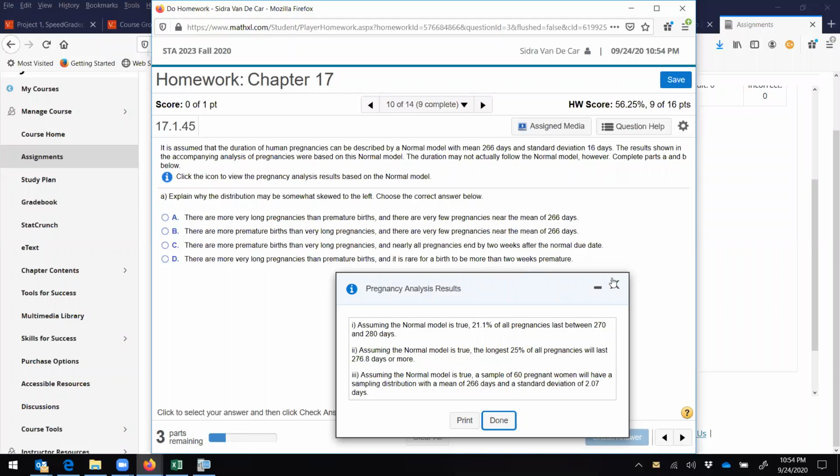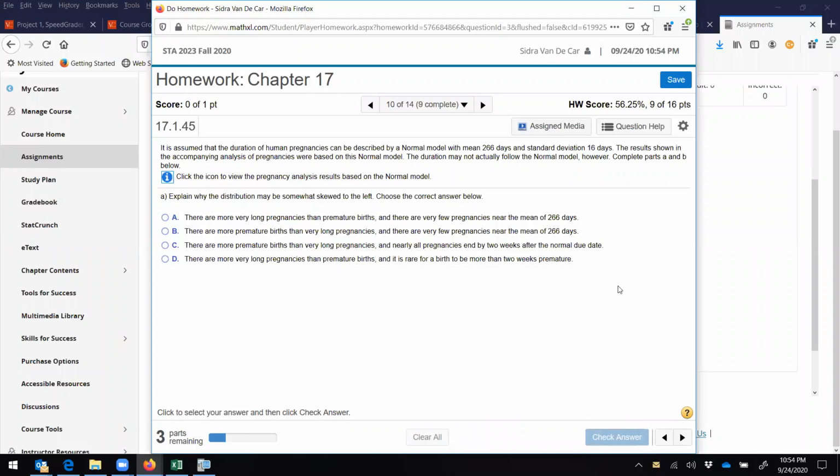That would make sense with the skewness idea. If I'm skewed to the left, right, then we've got a tail to the left and a big hump. So over here where there's a short period of time, we should only have a few items. So a few premature births and not many that are more than 2 weeks would make sense with that. So I think our answer here should be D.